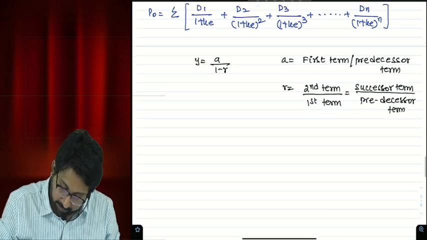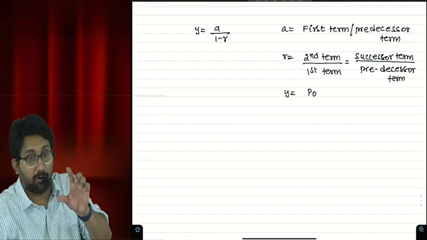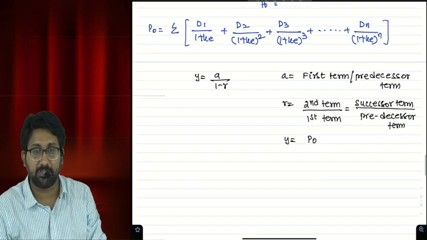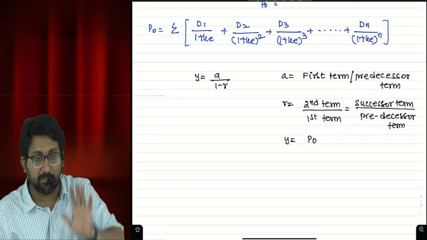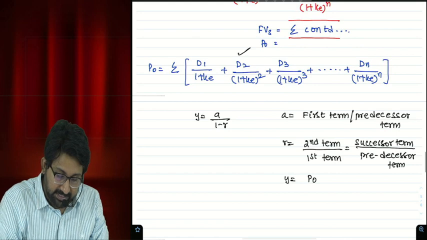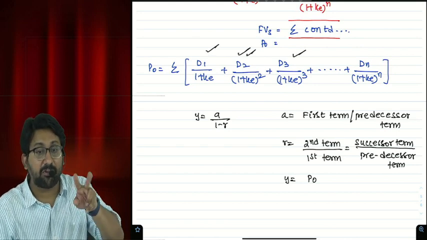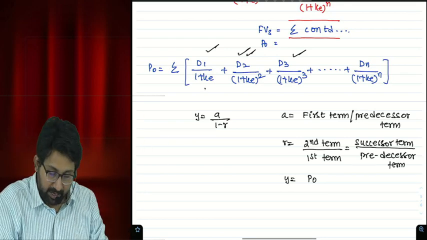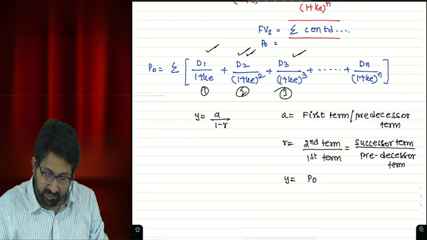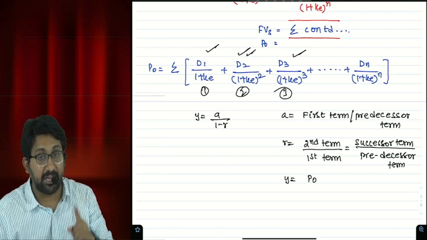Here y in our example is the P naught. We want one limiting amount for that particular share. A equal to first term, R equal to successor term by predecessor term. This will be successor, this is predecessor, this is successor, this is predecessor. When you take the first two, D2 and D1, A here represents D1 by 1 plus KE.